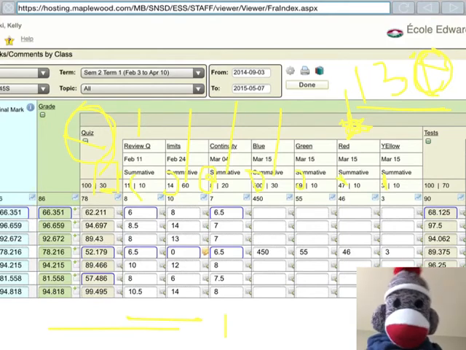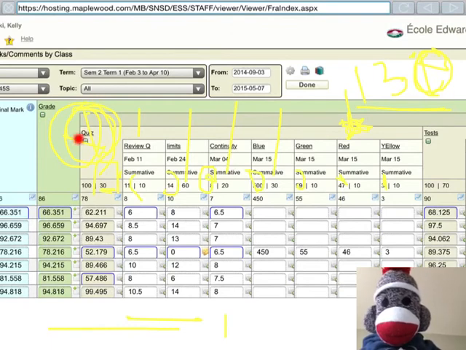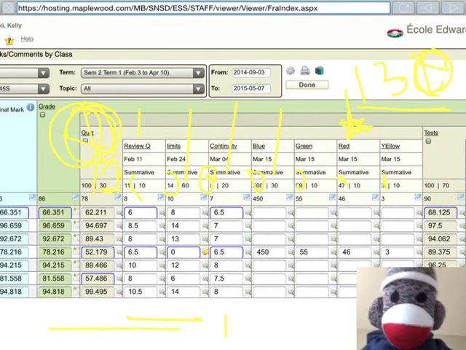In my normal courses, this is my unit. So in my pre-calculus class, this quiz mark here might be my unit on algebra. I would weight my algebra unit by how much I've told the students in my course outline.